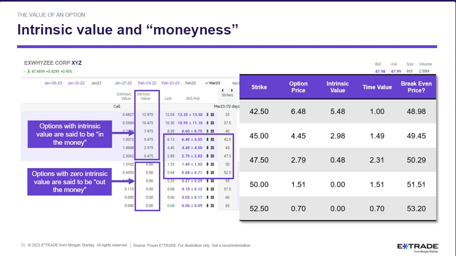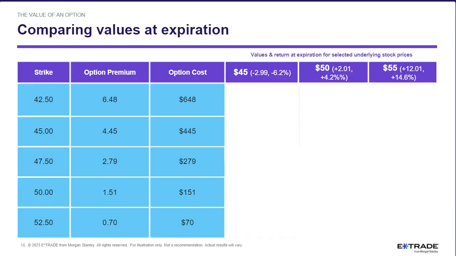Let's explore that at expiration idea because I think it nicely illustrates the way the leverage works. And it also shows you where the risk of loss is. So here's what my table shows. If I've taken those 5 options, you can see the first row, the 42.50 strike. The option premium is $648 for a cost of $648.